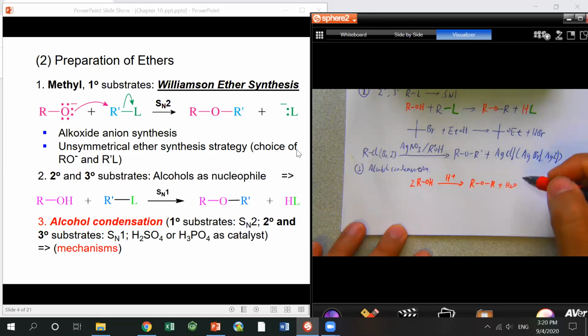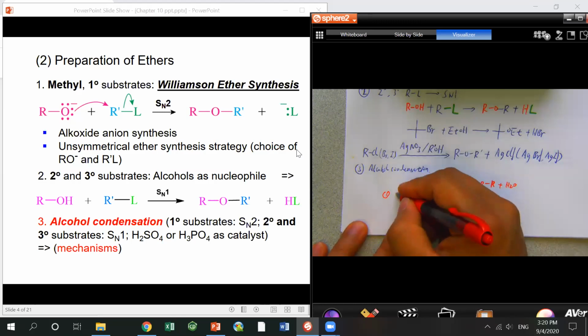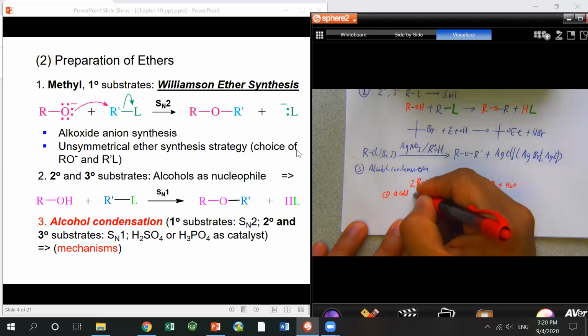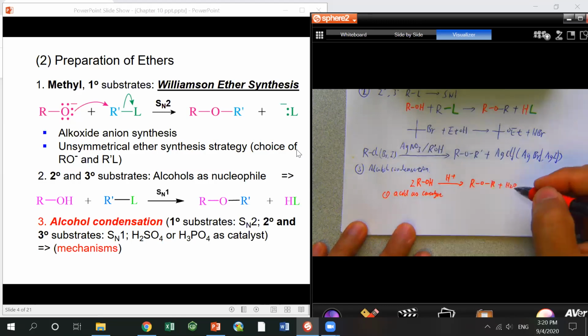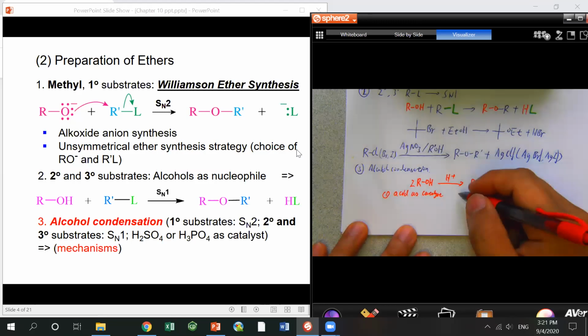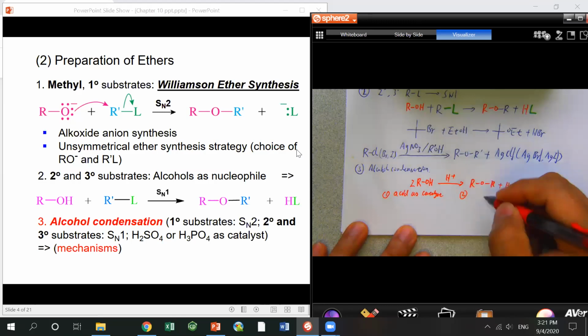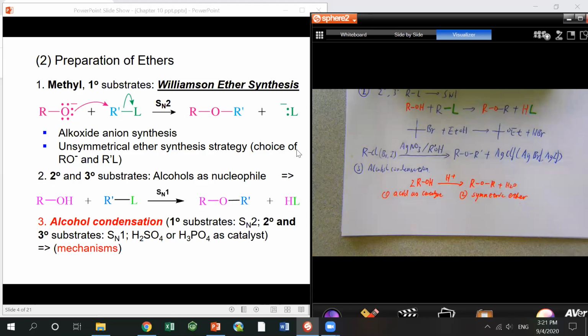For this reaction, keep in mind that you use acid as a catalyst. Normally sulfuric acid, occasionally HCl, but sulfuric acid is the best. Second, it can only be used to prepare symmetrical ether. So these two molecules have to be the same.